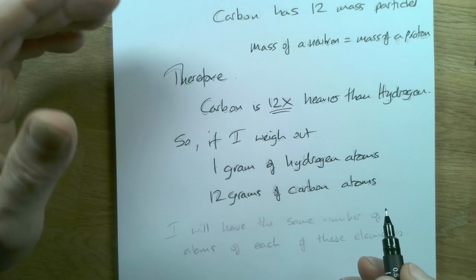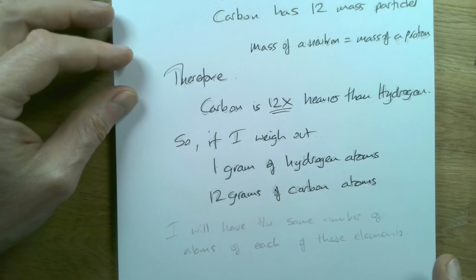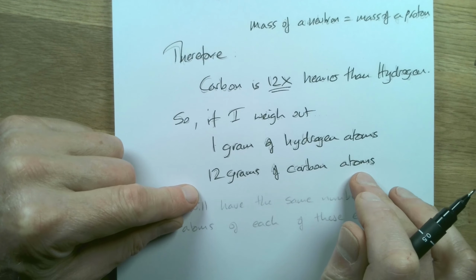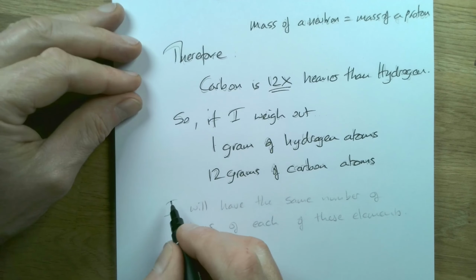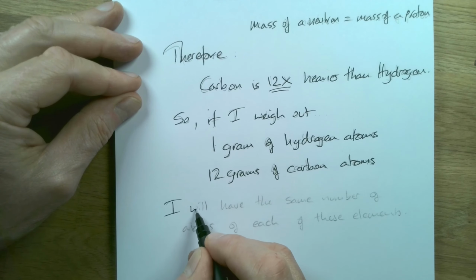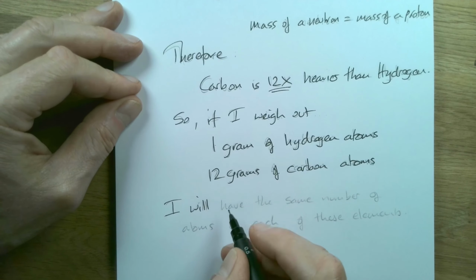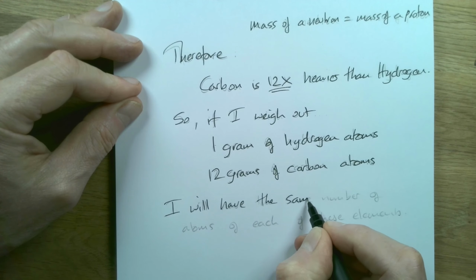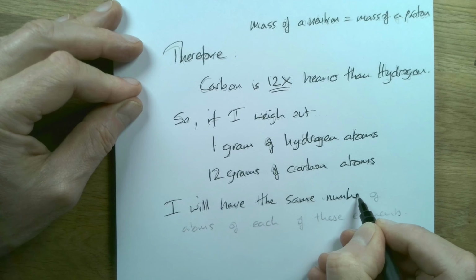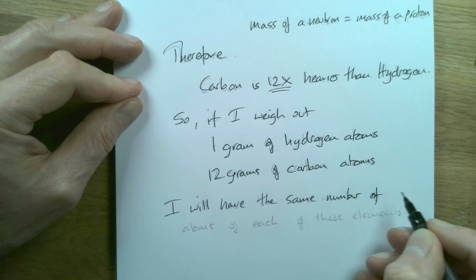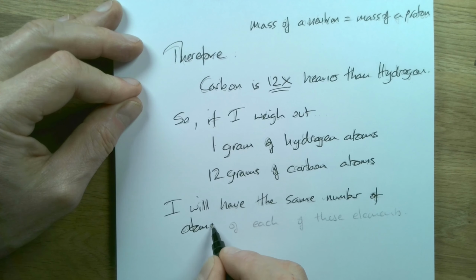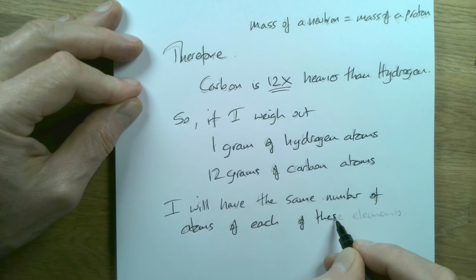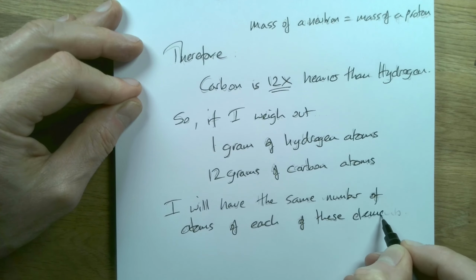Now, this little bit of thinking about relative atomic mass confuses an awful lot of students, and it takes them ages to get their head around. But once you've got your head around this, chemistry becomes so much more simple. Okay, so in this case, if I weigh out 12 grams of carbon atoms, I have the same number of atoms of each of these elements.